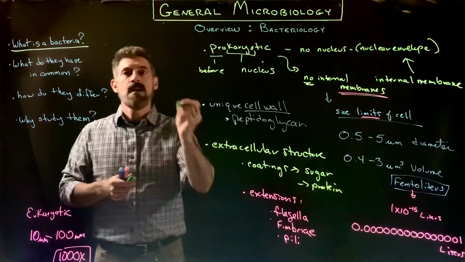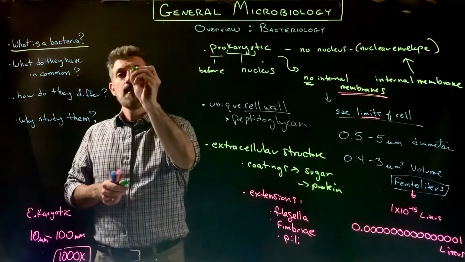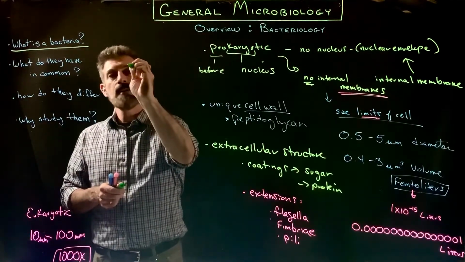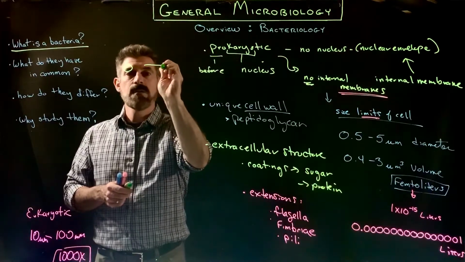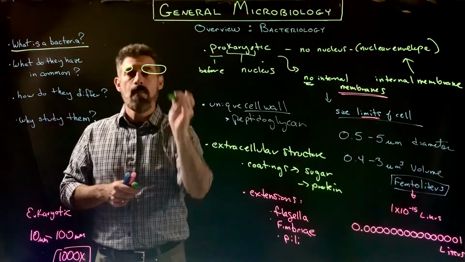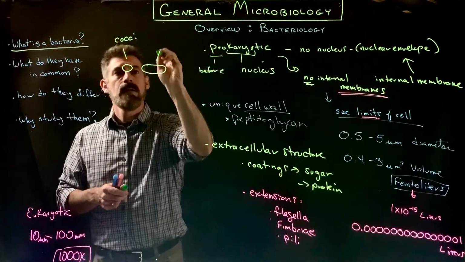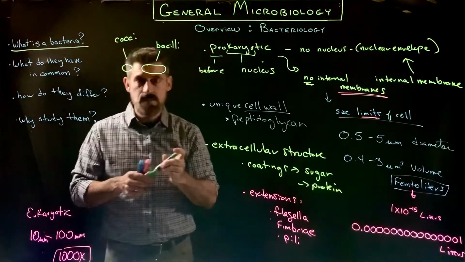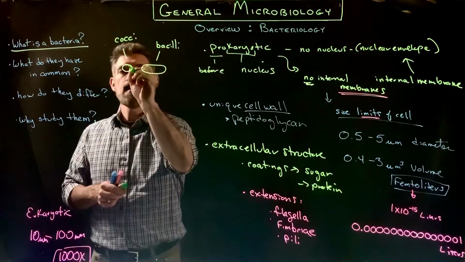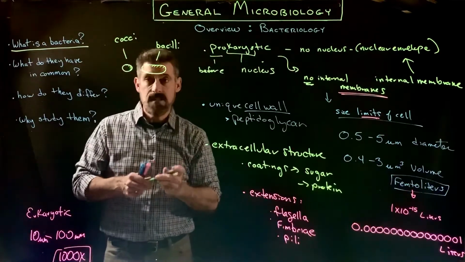Bacterial cells, in terms of cell structure, also have a certain cell shape, and the cell shapes are fairly limited, somewhat also by the structure of the cell wall. So we have cocci and bacilli, two very common ones, the most common ones that we're usually going to be discussing in the class.